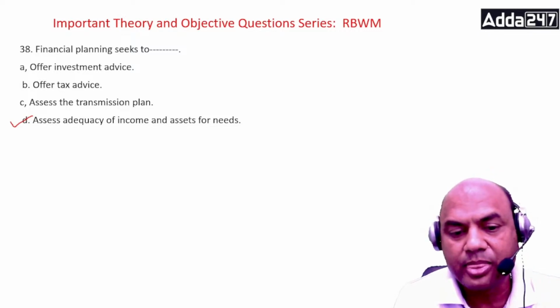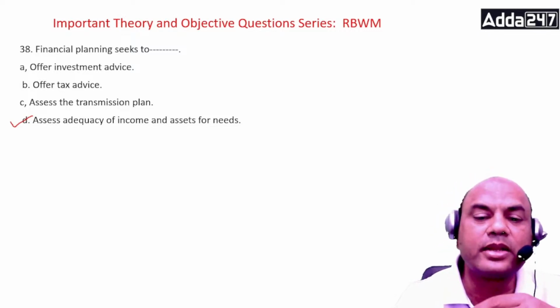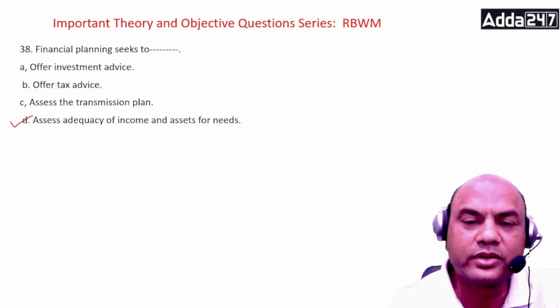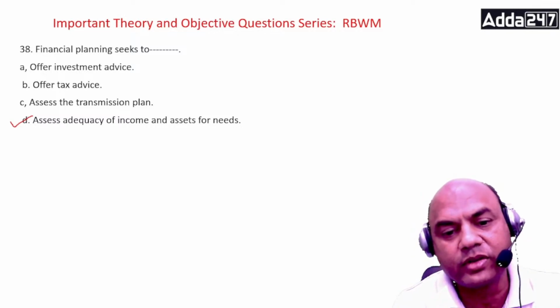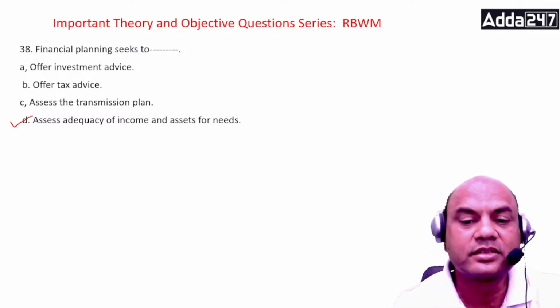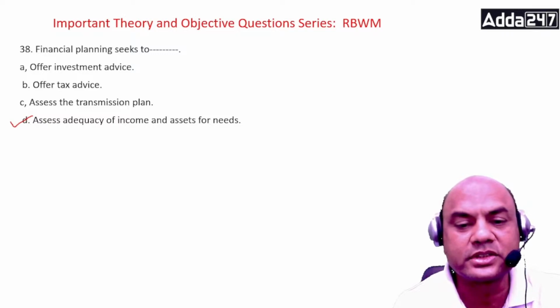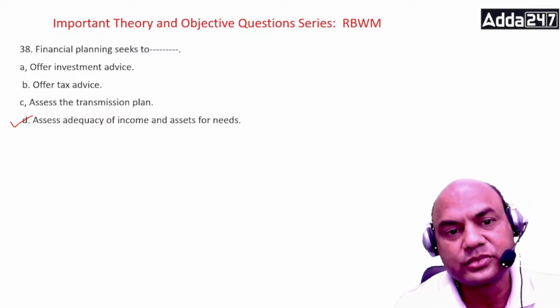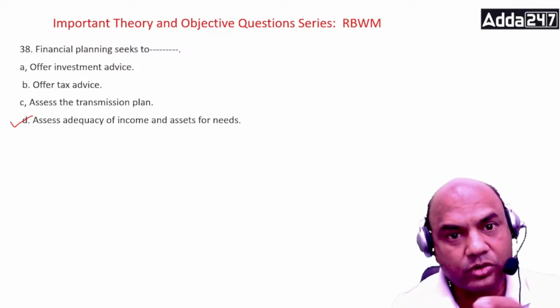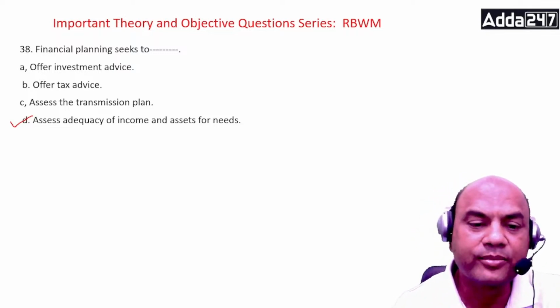So what is the definition now? Financial planning is a systematic approach whereby an individual maximizes the existing financial resources through proper management of one's finances to achieve the goals, whatever goals that person has.